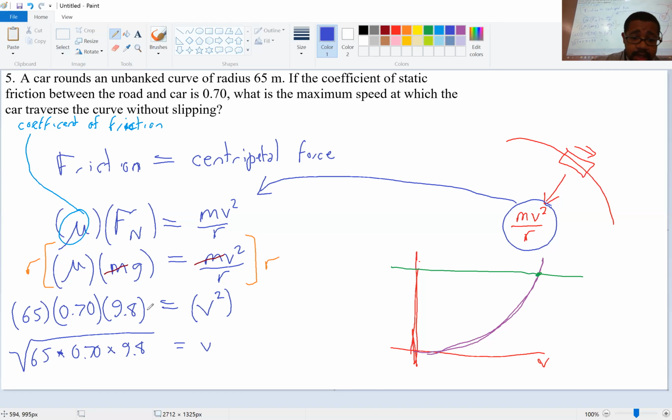Does anybody happen to have that in their calculator? If not, I can just put it up here. 55.3 is what you're getting? What are you multiplying by? 0.7 times 9.8 square root. 21.11.